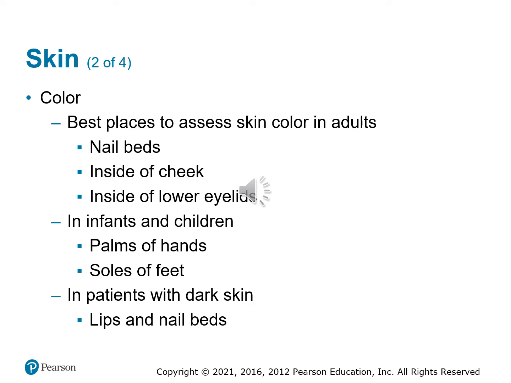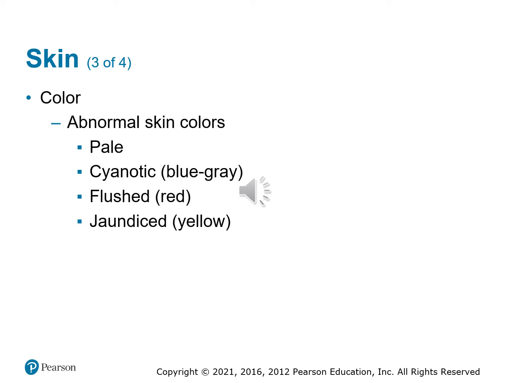In infants and children, you can also look at their palms and the soles of their feet. It does get a little trickier with certain ethnicities, so African Americans or dark Hispanics, it's harder to assess the skin color. So again, utilize the lips and the nail beds. Nail beds are always the go-to when it comes to assessing. The goal is to see that nice pink color. That's what you'll find in a healthy person.